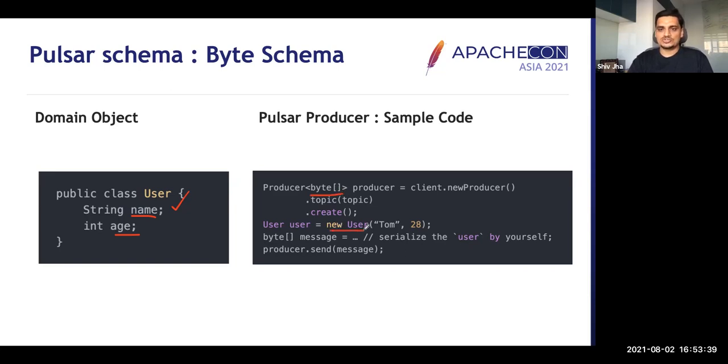You make your user object, you supply your name and age, and you serialize it using your programming language's serialization, like Java Serializable, Python Pickle, or Ruby's Marshal, into bytes. Then you just say, hey producer, send this byte message to Pulsar. This is using byte schema.